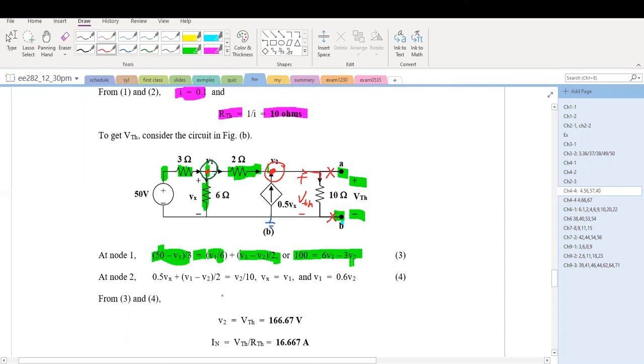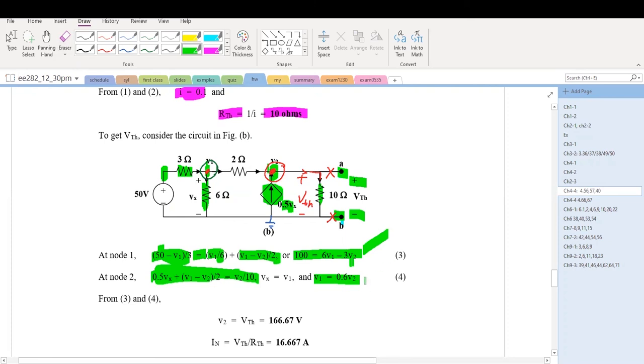Now current flow into the node, that's 0.5 Vx, and then this current here, V1 minus V2 divided by 2. And then what's the current flow out? Flow out will be V2 divided by 10. So solving this equation, we can obtain V1 equals 0.6 V2.